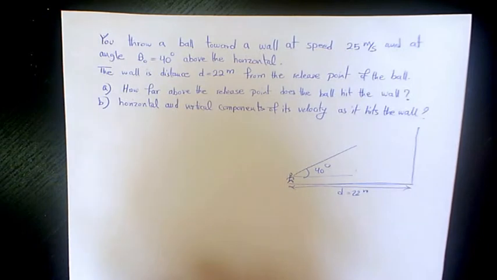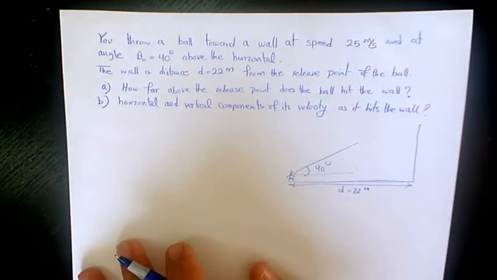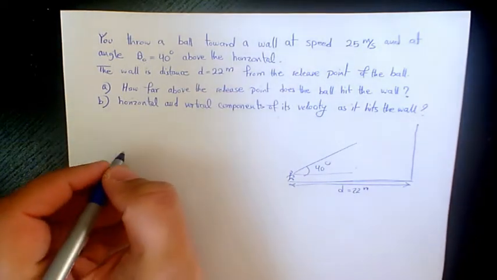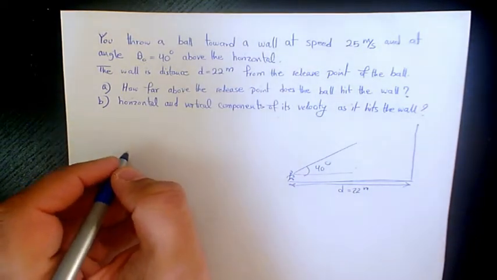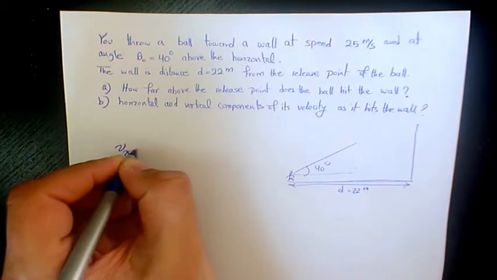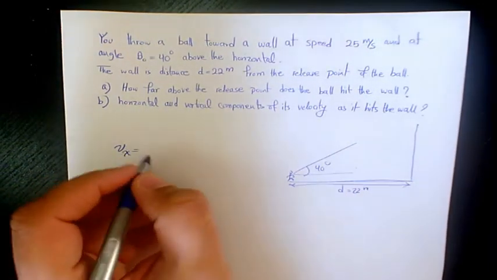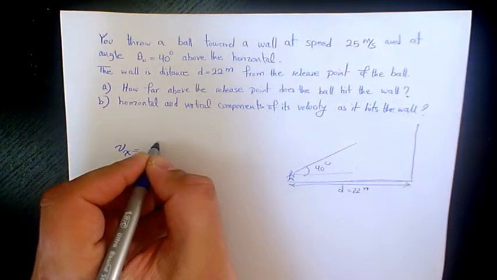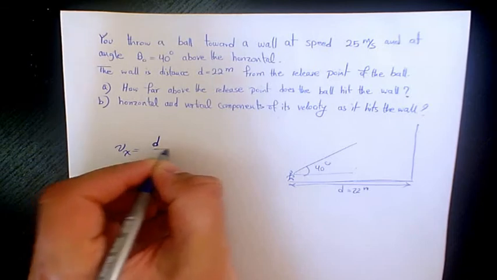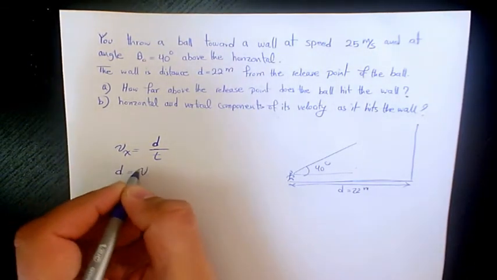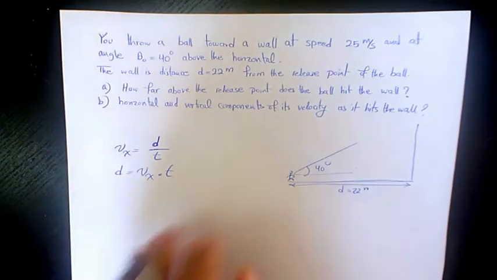So first of all, let's find out the total time. Distance equals Vx, the horizontal velocity, times time.